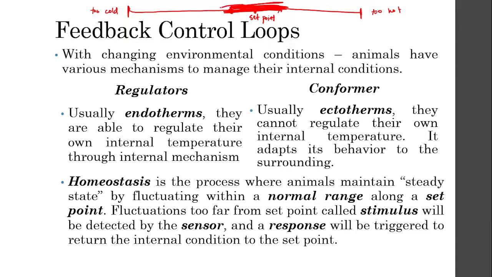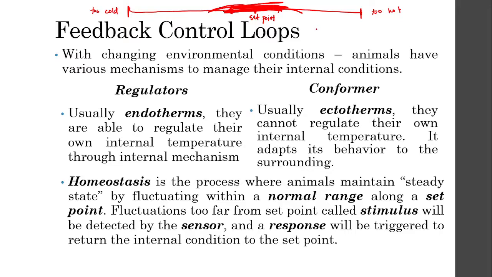It either moves a little on this side, or sometimes it moves over to this side, depending on the environmental conditions. What is important is that it stays within the normal range, because if at any point in time our internal conditions fall beyond the normal range, it becomes very dangerous to our survivability.